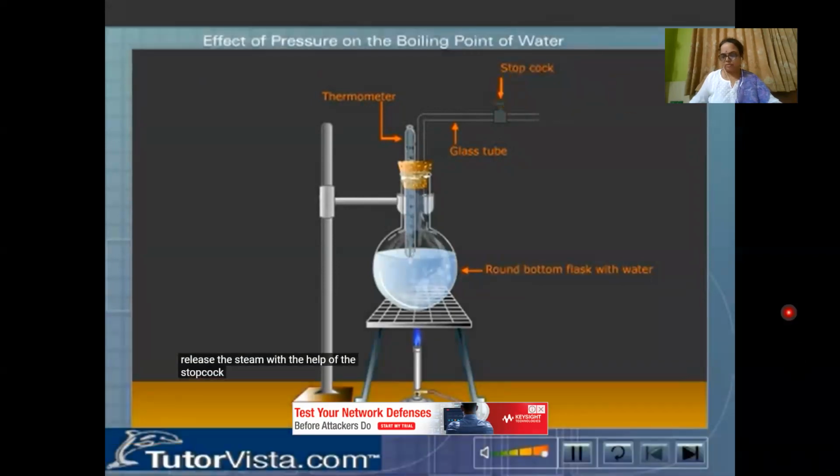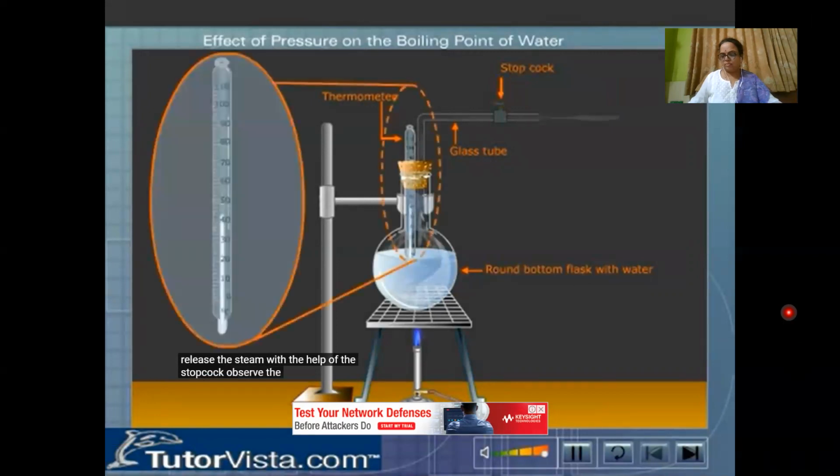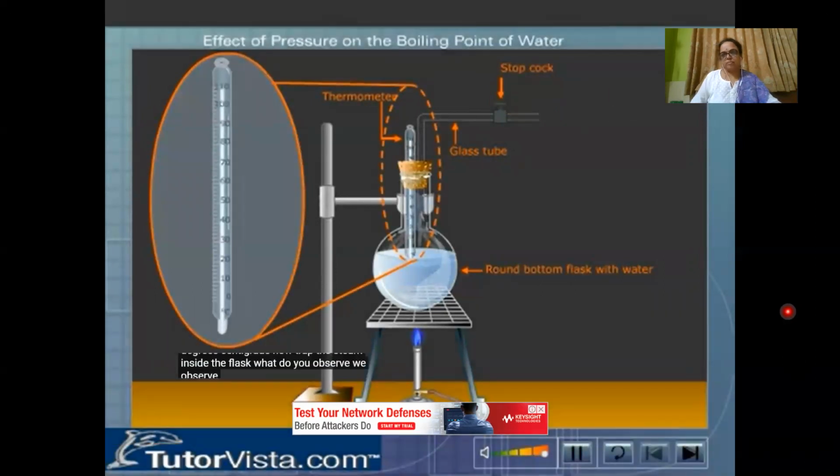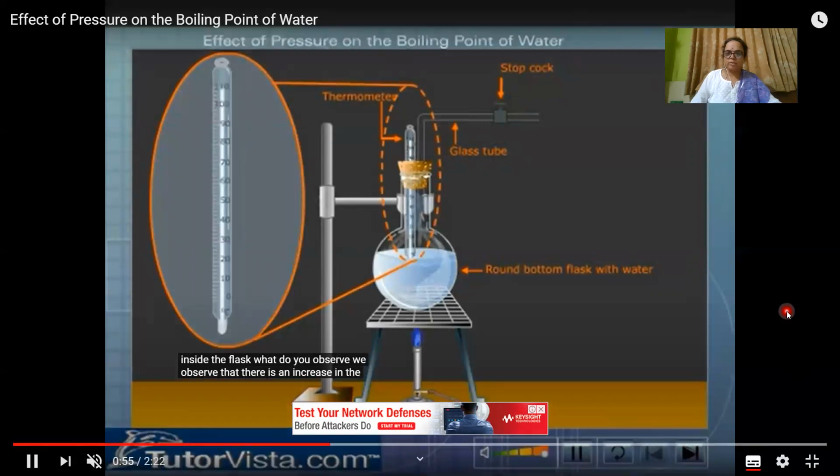Release the steam with the help of the stopcock of the thermometer. The thermometer shows 100 degrees centigrade. Now trap the steam inside the flask. What do you observe? We observe that there is an increase in the thermometric reading. This is because the pressure inside the flask increases due to the trapping of steam.